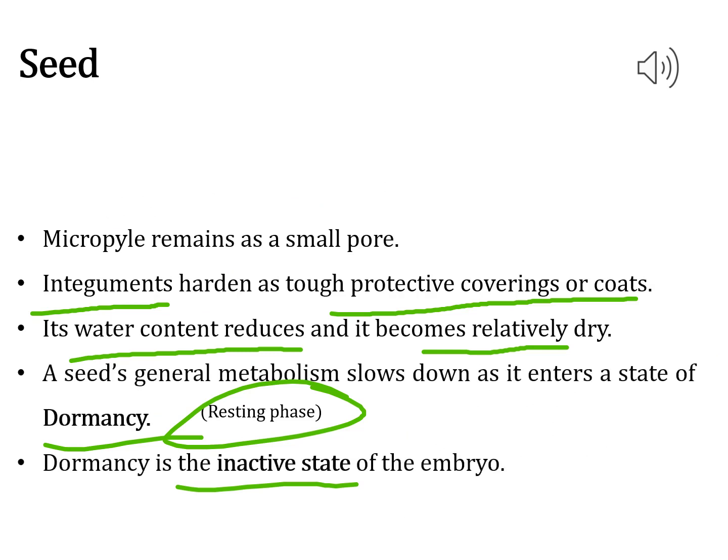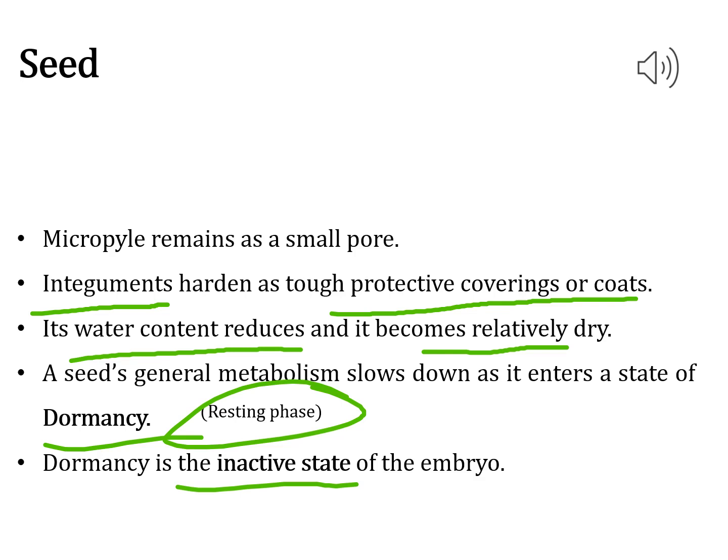Integuments of the ovules harden as protective seed coats. It has a small pore at the micropylar end through which O2 and water enter the seed during germination. As the seed matures, its water content is reduced and the seed becomes dry, around 10 to 15% moisture by mass.